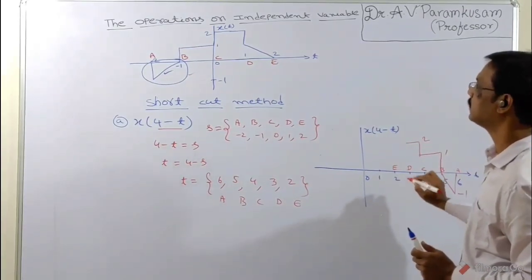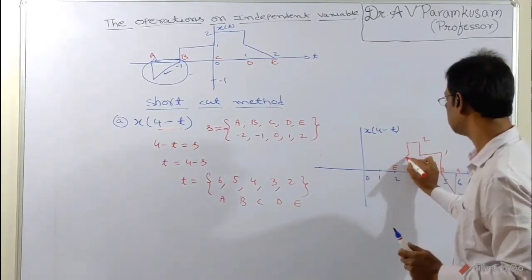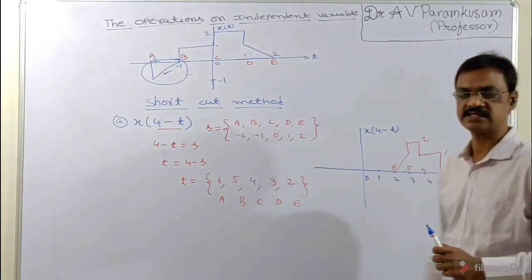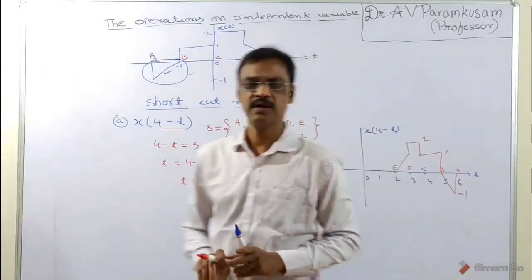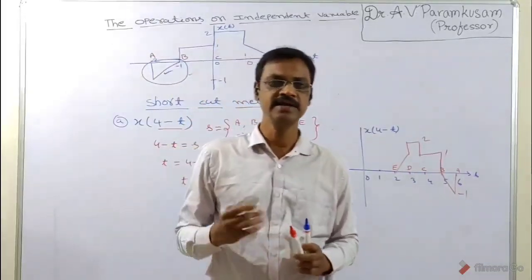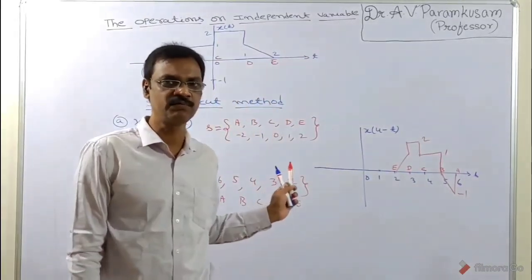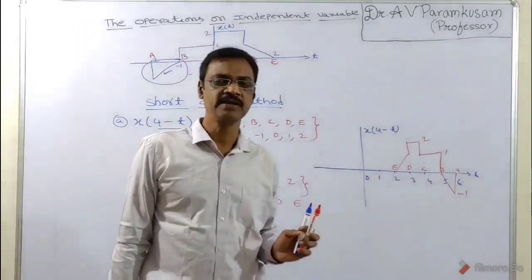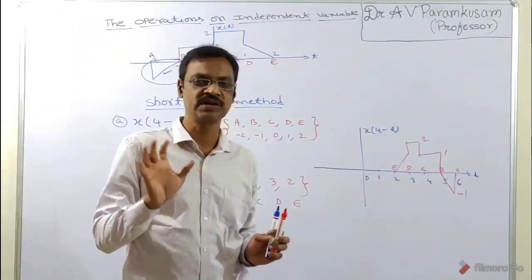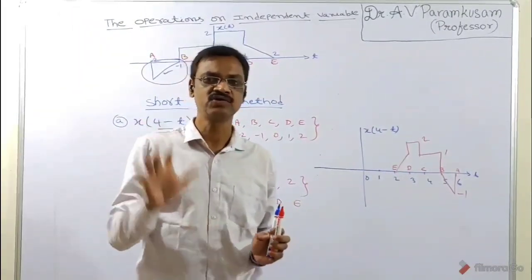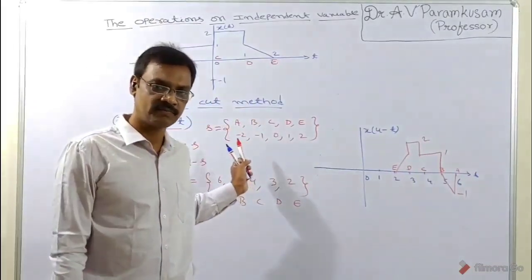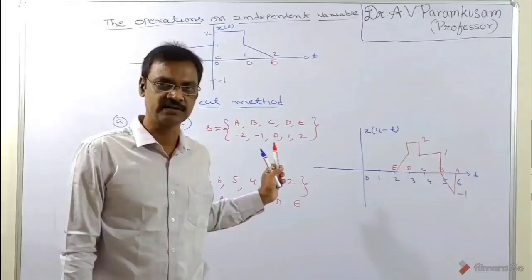Between D and E, a line is there with a negative slope. Okay, this is x of 4 minus t. So in this way, you can draw any signal by using this simple procedure. After this, I will explain some problems which are given in the GATE examinations. To solve those problems, the knowledge of this topic is very essential.